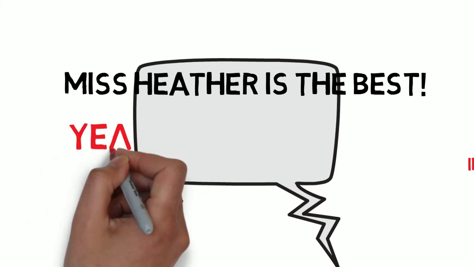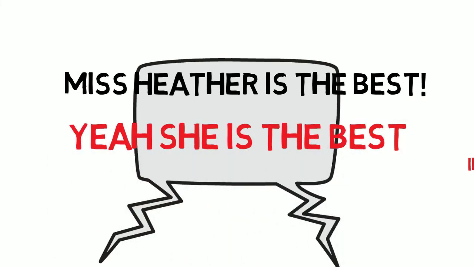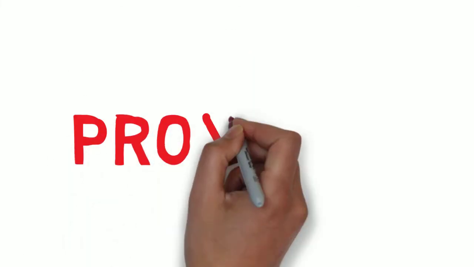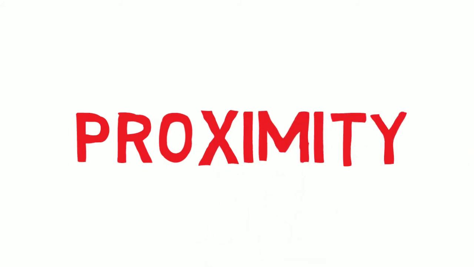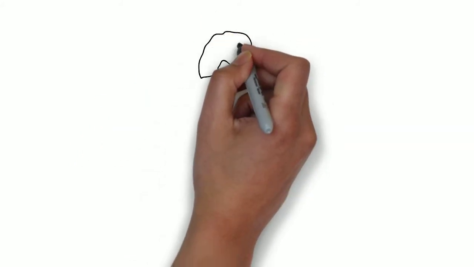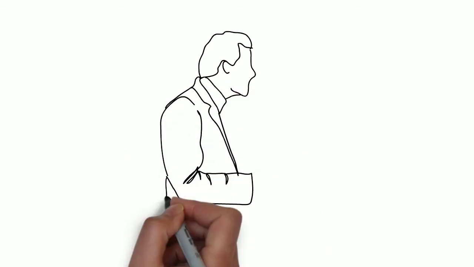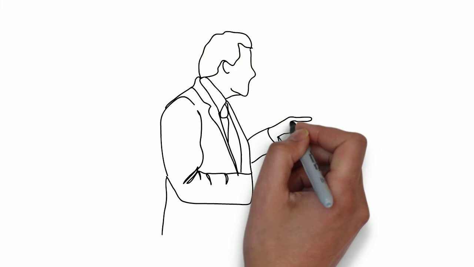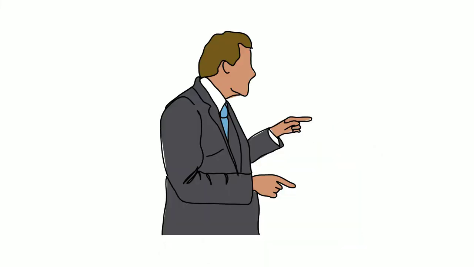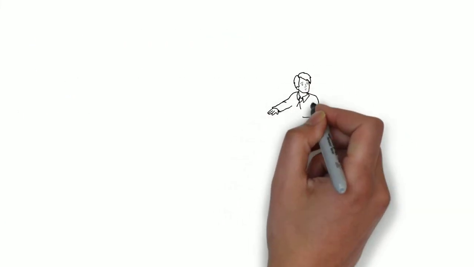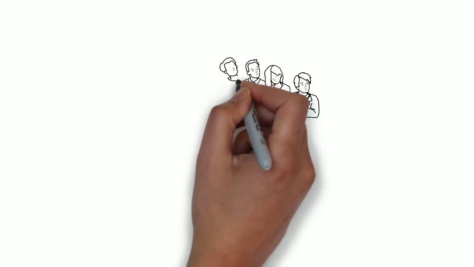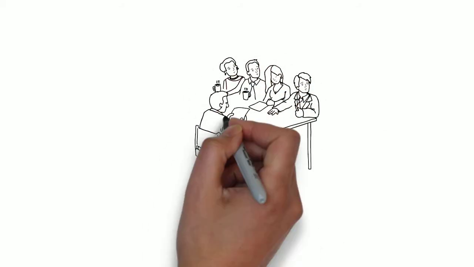Now that we talked about the disposition of our students, proximity is our next step. Regarding proximity, we can say that it is the distance between the teacher and the students. If we are distant from our students, we might lose their interest. So be careful. Try to be close to your students, but don't overdo it.